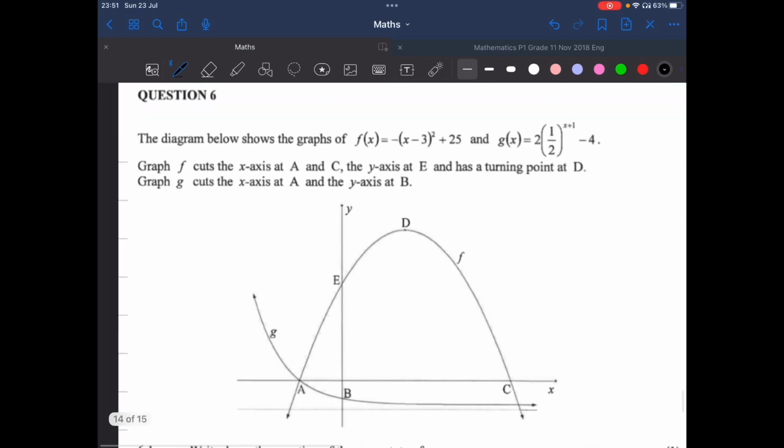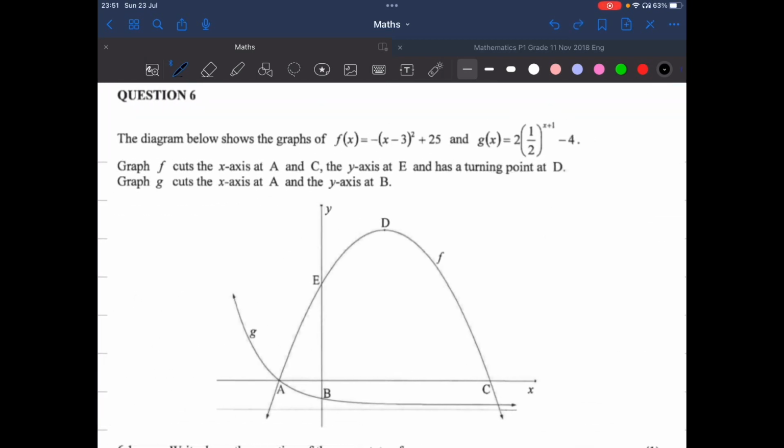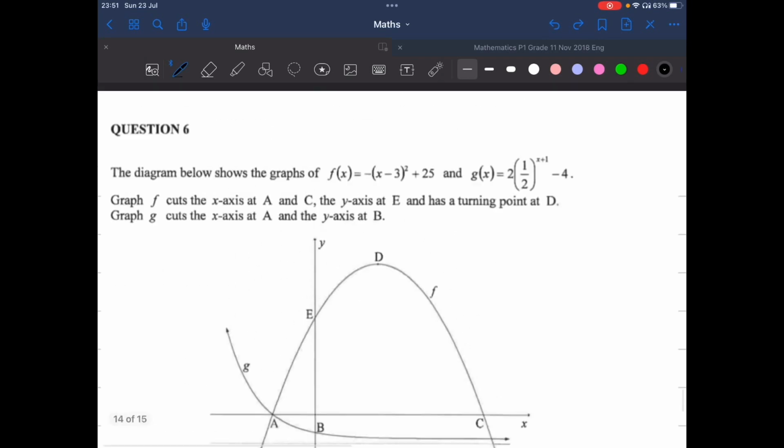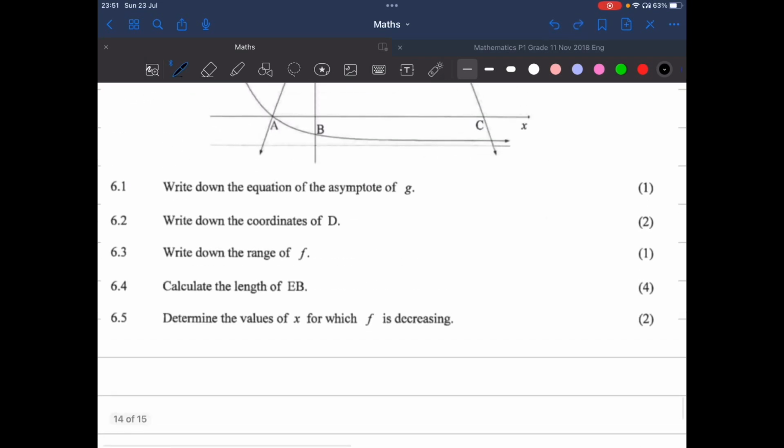Okay, so g is our exponential graph, and our asymptote, they even marked it here for us, is going to be our shift. So minus 4. So our asymptote is y equals minus 4.